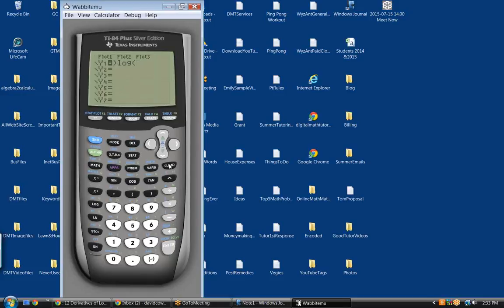Oh no, I did the same mistake. I keep making the same mistake here. Sorry about that. Let's clear it. Okay, I have to hit the natural log of the natural log of x, and I need two parentheses. Now let's graph that function.